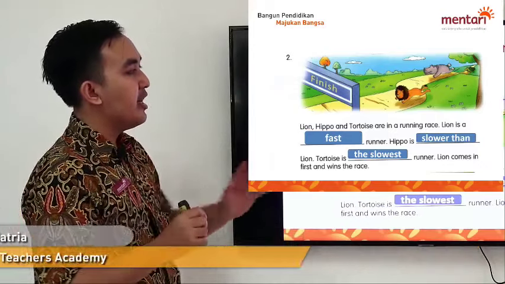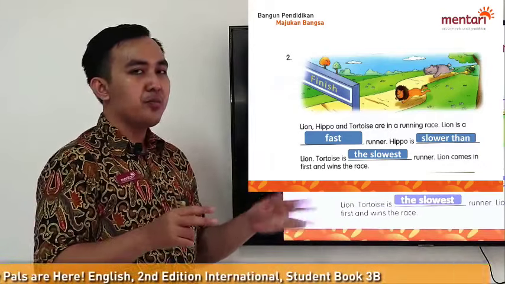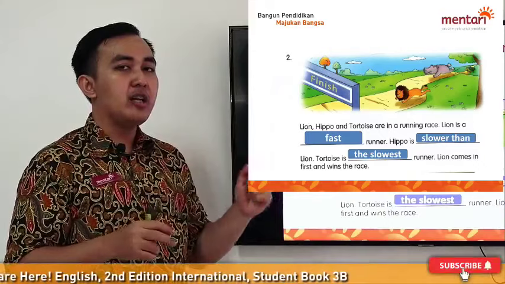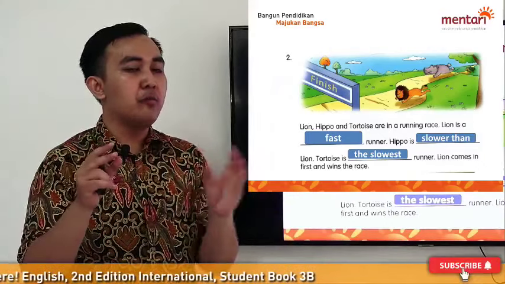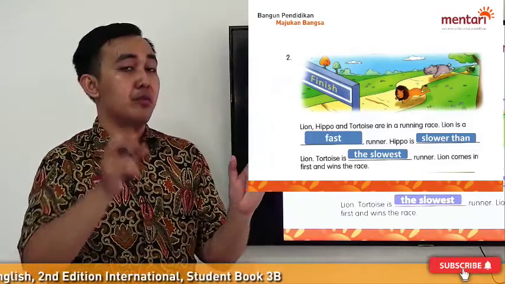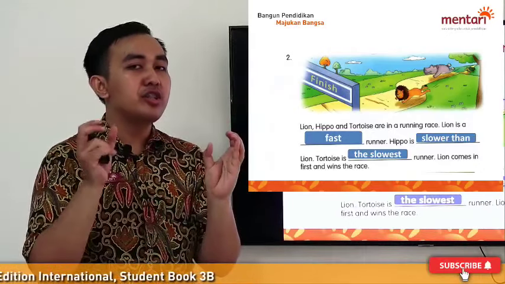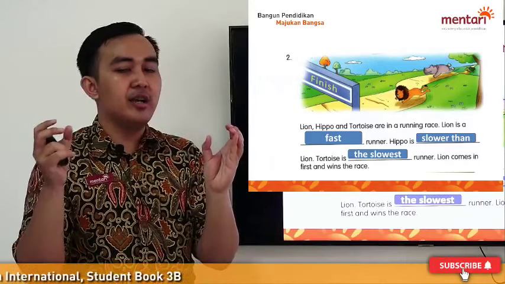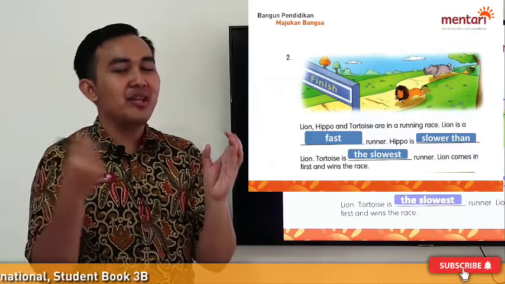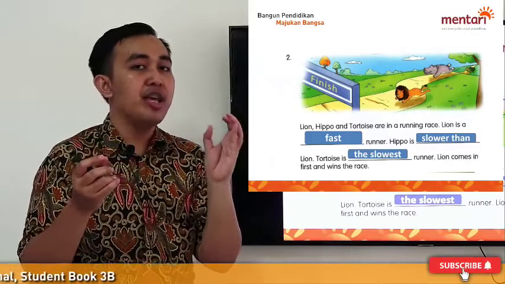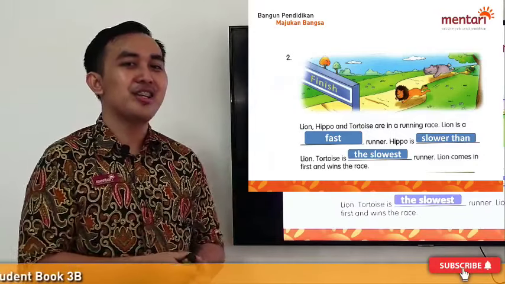In here, take a look at the picture. If you want to compare it with lion, hippo is in the second place, and we compare with lion, it means hippo is slower. However, if we want to compare hippo with tortoise, which is in the back, left behind a little bit, we could say hippo is faster than tortoise.